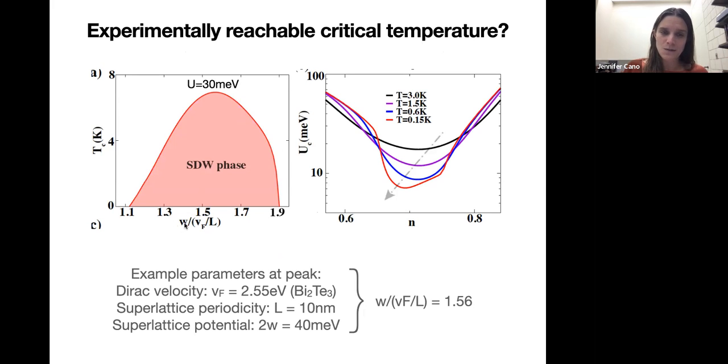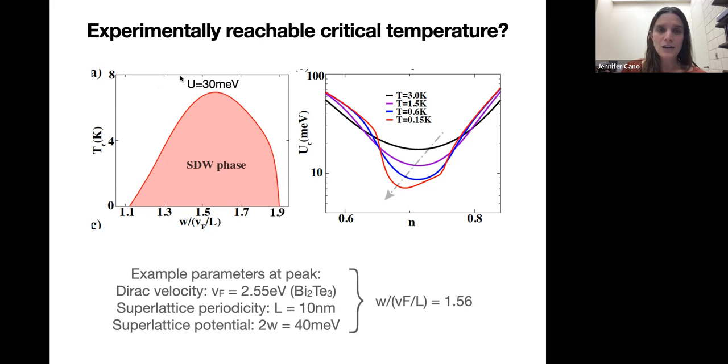W is the superlattice potential strength, VF is the Dirac cone velocity, and L is the period of the superlattice. We put in what we thought were reasonable parameters, which means that this ratio will be around 1.5, sitting right here. That brings us to the peak of the spin density wave phase. For this value of U, the critical temperature is on the order of a few Kelvin. So this is something that can be reached in an experiment.